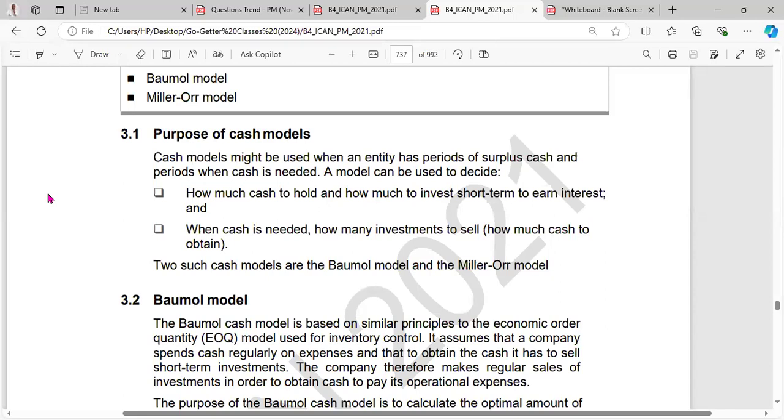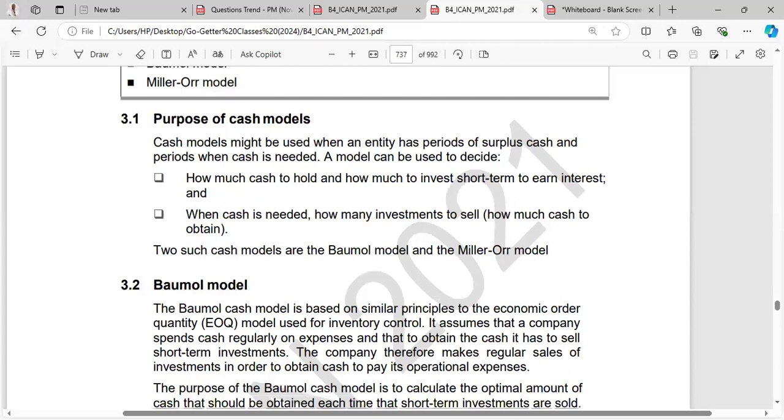This model can be used to decide how much to hold and how much to invest into short-term assets to earn interest. And when this cash is needed, how many investments should we sell in order to obtain cash? And so we have two models to use.